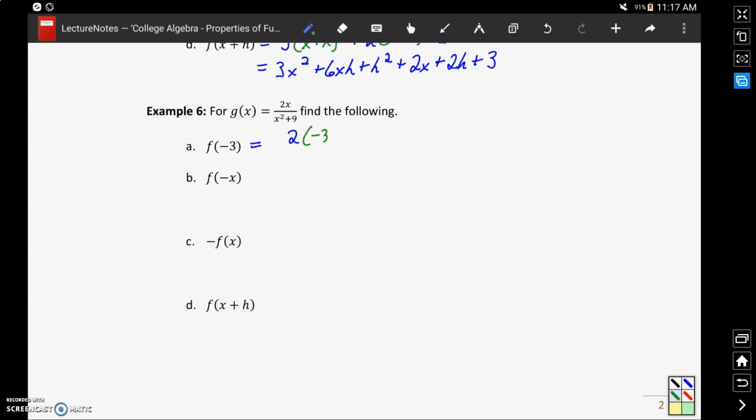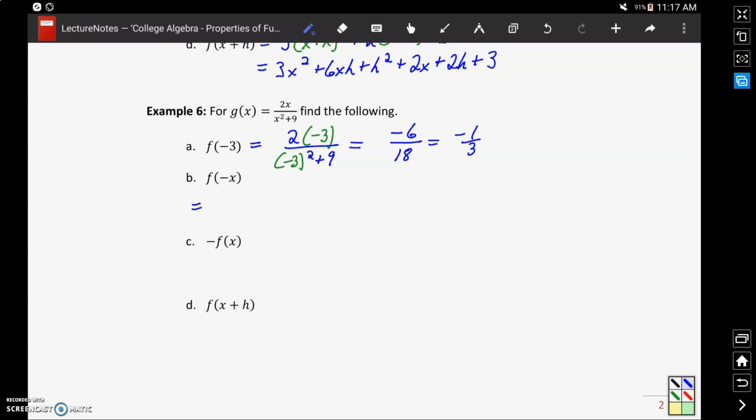In part A, we would evaluate our function for negative 3. Which would give us negative 6 over 9 plus 9, or 18, which would give us negative 1/3.